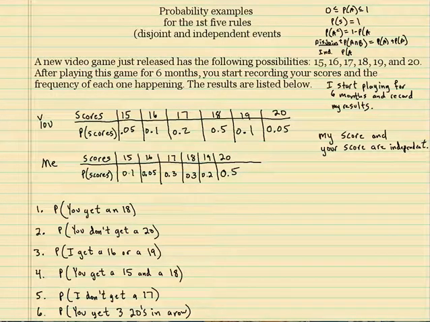It's not an AND. This is an OR. That's union. This is intersection. Of A and B equals the probability of A times the probability of B.